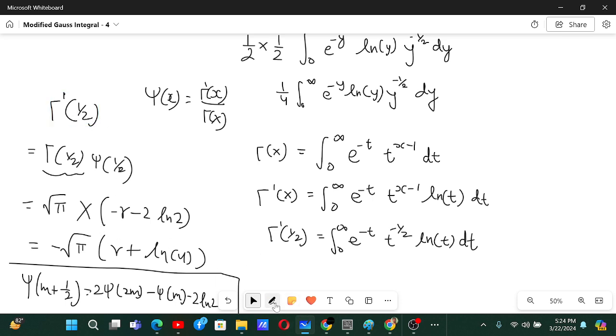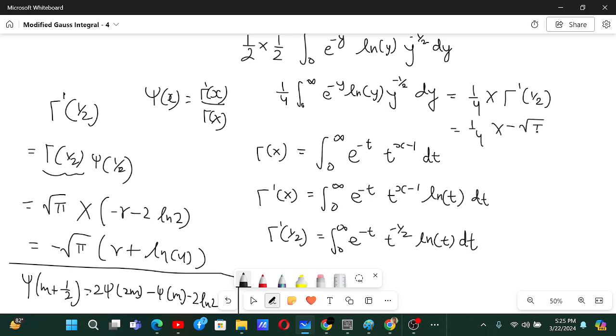Now there's nothing much to do. 1 by 4 times this is gamma dash of 1 by 2. Substitute the value of gamma dash 1 by 2: 1 by 4 times minus root pi times the Euler-Mascheroni constant, please note that, plus ln of 4. And now I think we have the answer.